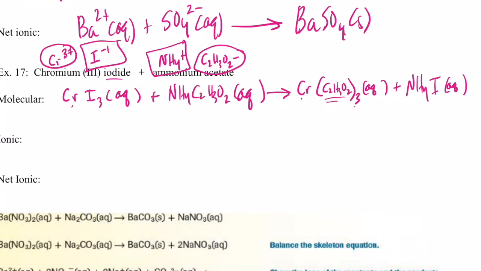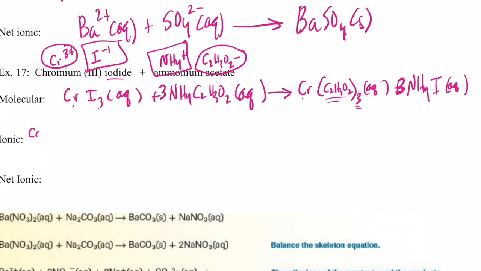1 chromium, 3 acetates, we got to put a 3 there. 3 iodides, need to put a 3 here to give me 3 iodines. And yeah, that takes care of it. So a 3 there and a 3 there. All right, so ionically, we have Cr3+ (aq) and 3 I- (aq).